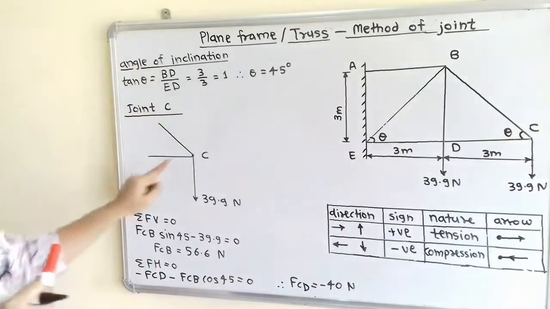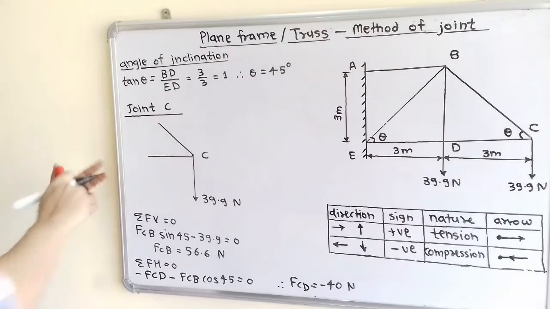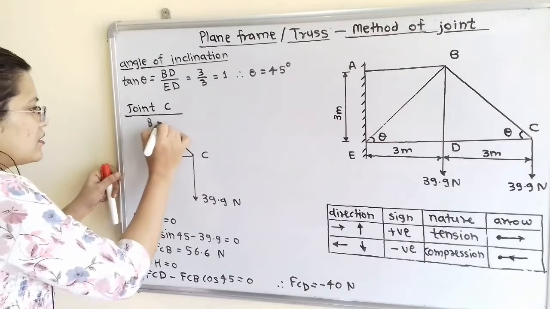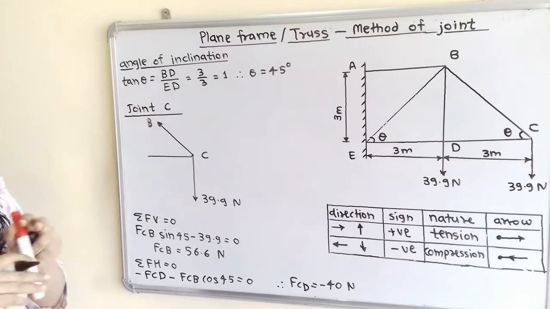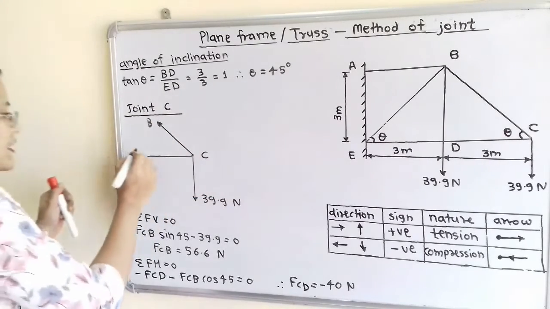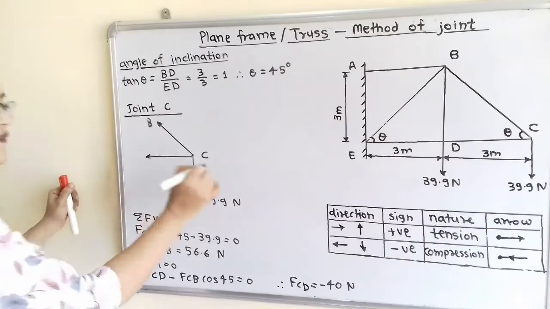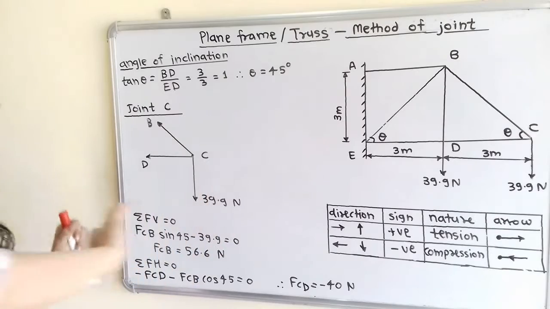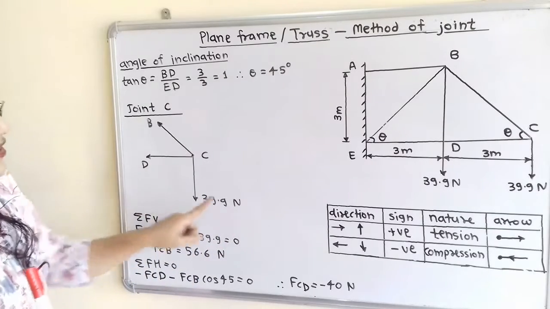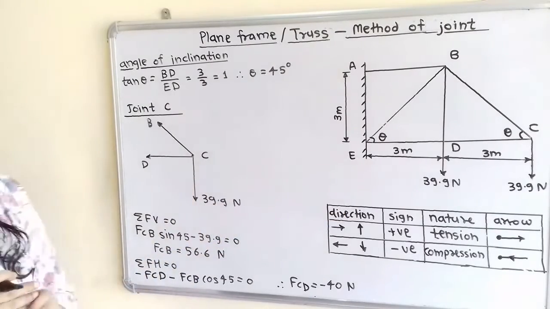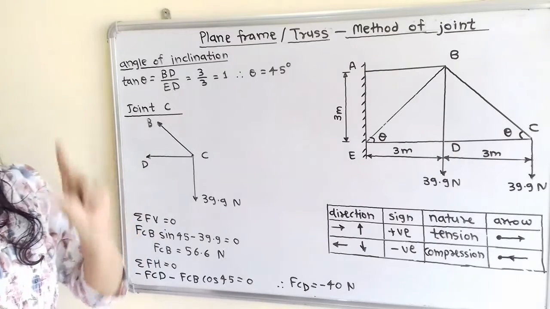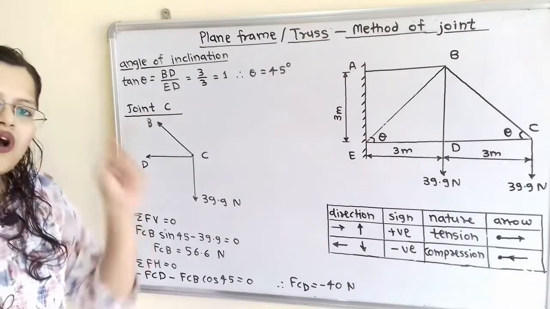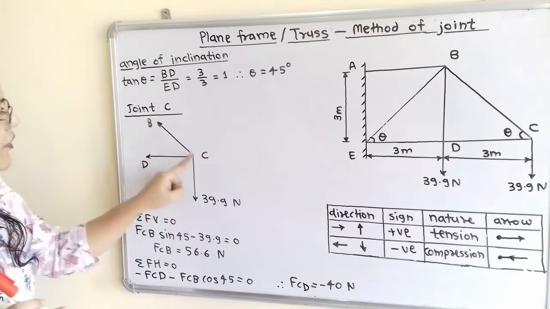I will show here, this is C to B. And I will show the direction away from the joint C. In the same way, from C to D, I will show direction away from the joint C. And here 39.9 Newton is the known and direction is given, we have to mention as it is. But for forces with unknown members, we have to follow the same rule. We have to always show direction away from the joint.